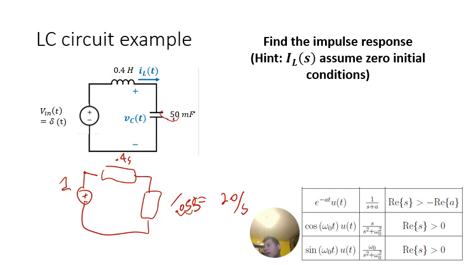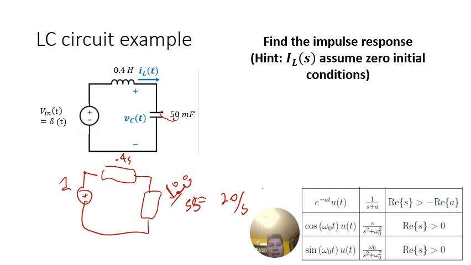So 5 over 100 is 20, so that's why we get 20 over s. Okay, so there should be a 1 here. When we move the 2 on the top, we have to move it on the bottom. So this is just 5 over 100, and that gives us 20 over s.